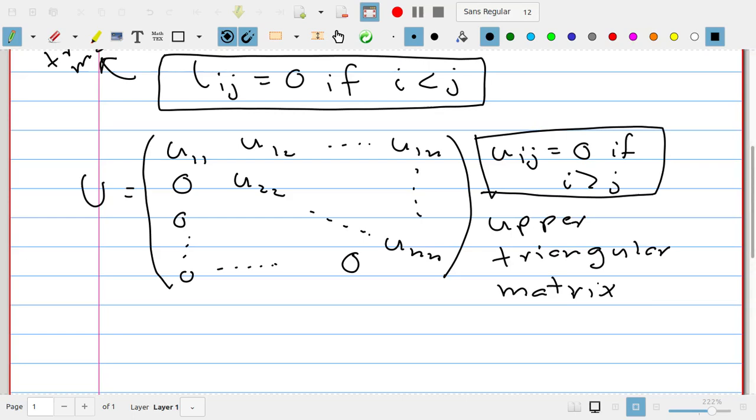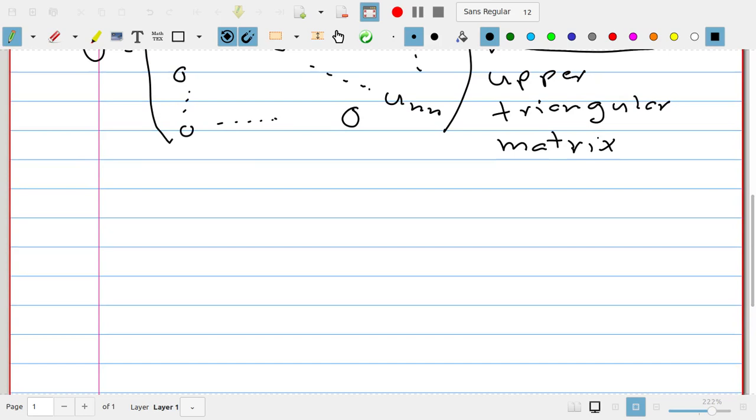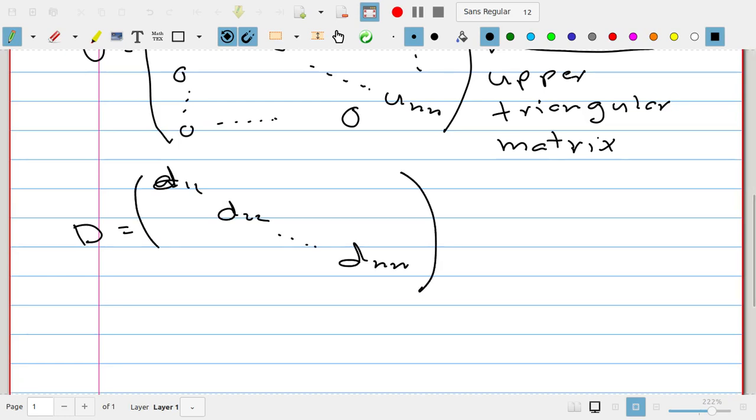The third thing we need to define is a diagonal matrix. A diagonal matrix is, okay, so let's go D11, D22, Dnn. This is a diagonal matrix.